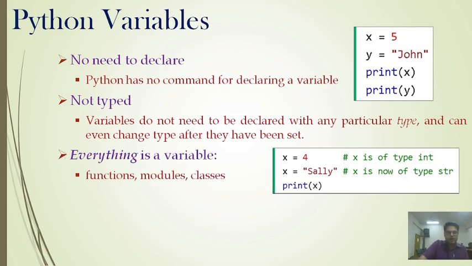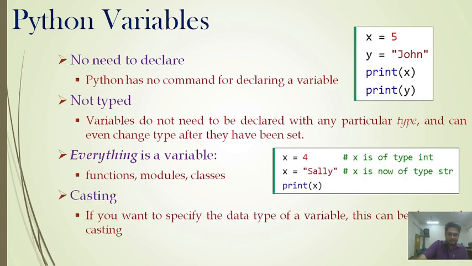Now, everything is a variable in Python. Whenever we use simple text without inverted commas, it is termed a variable, and these variables can be used in functions, modules and classes. Whatever you are creating, you can use variables anywhere.